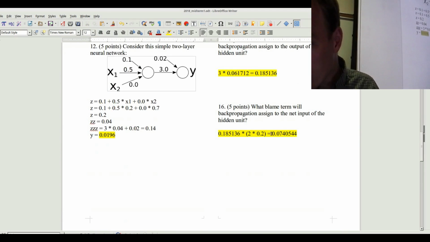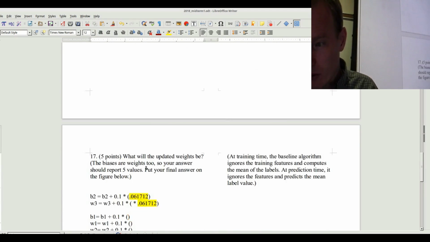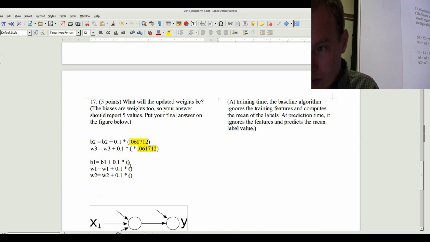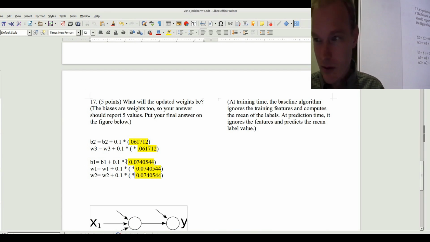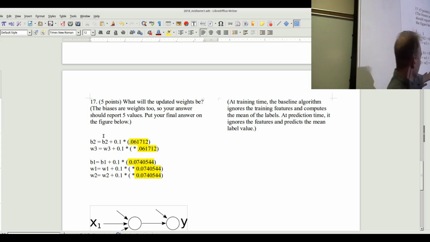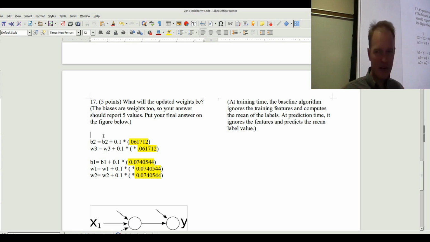And we're going to use this number for the input ones, and there will be something times that here. You with me? This is the blame on the output end of those things.